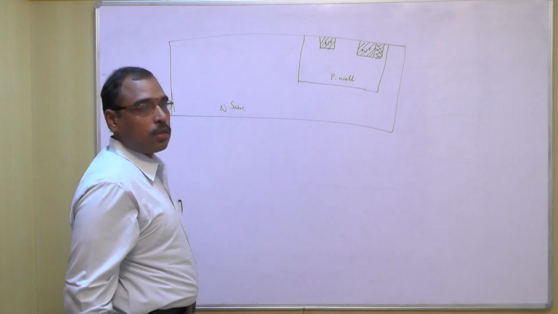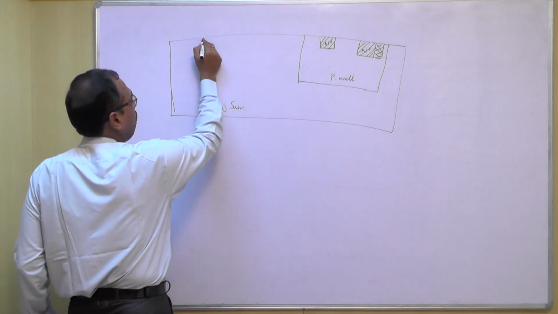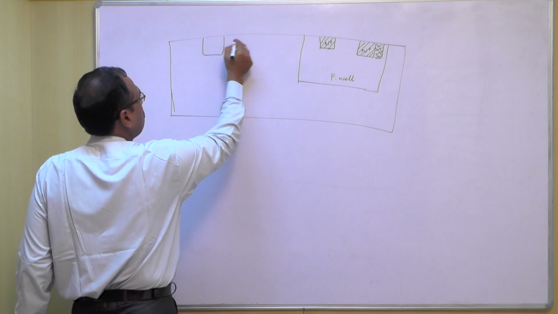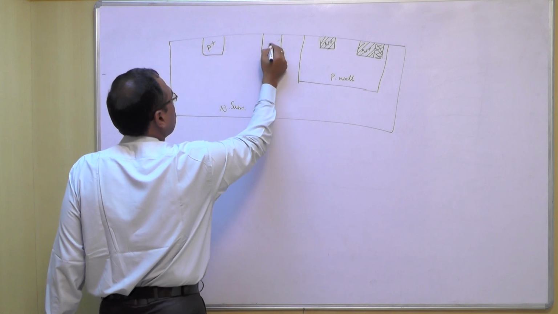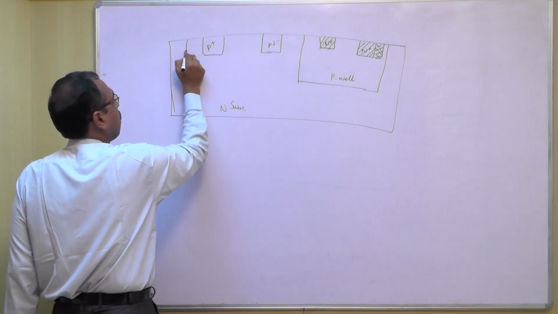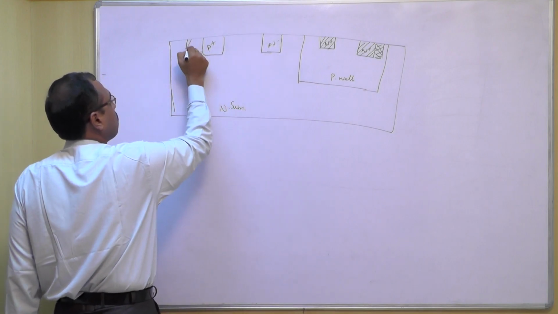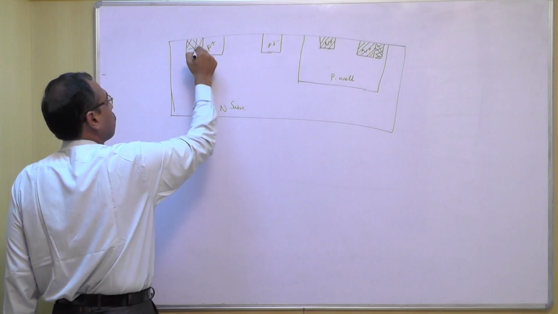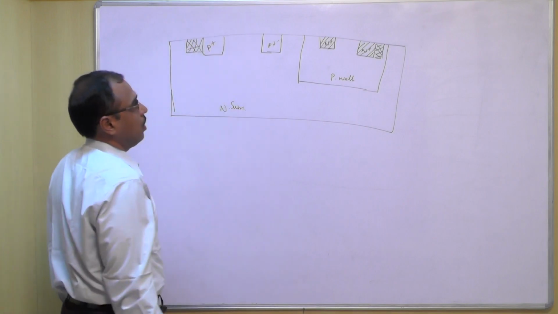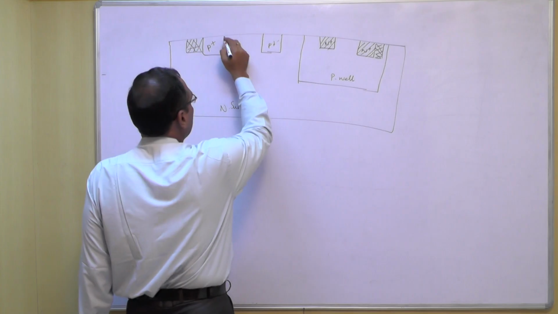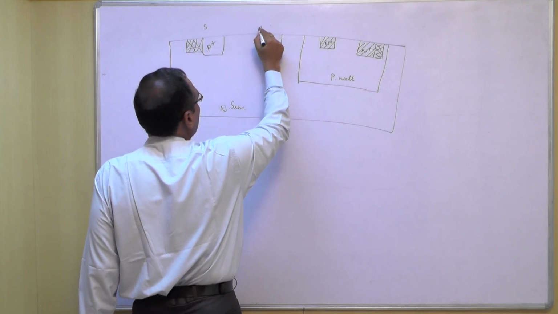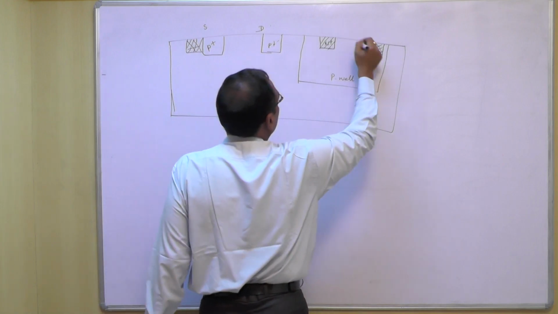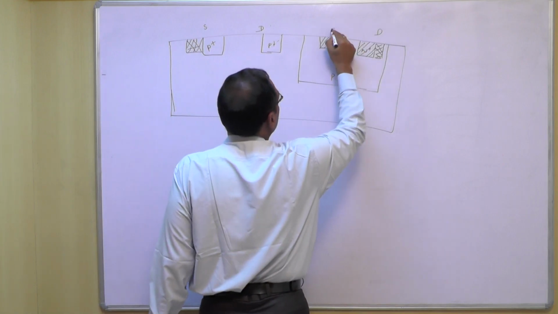Similarly, over the N substrate, we normally create a PMOS transistor. This is P plus, this is another P plus. Then for the substrate connections, we have substrate contacts here, and this becomes source, and this becomes drain. Here also NMOS, so drain, source.